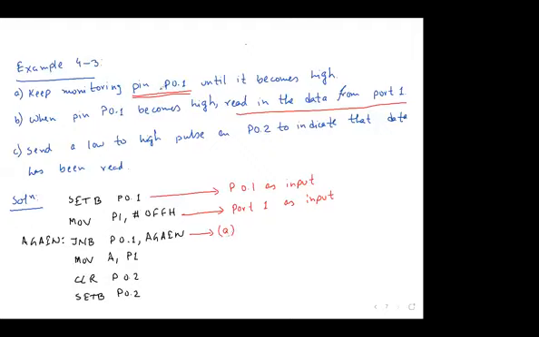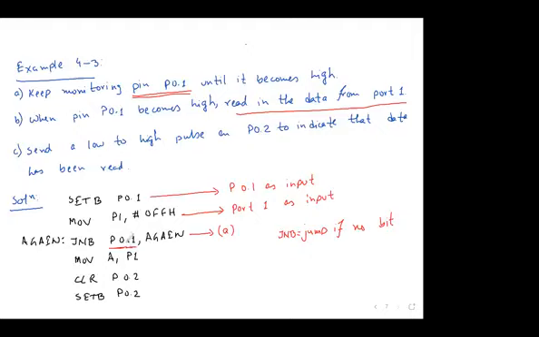That is, keep monitoring pin 0.1 until it becomes high. So what is the meaning of JNB? JNB means jump if no bit, and then you give the bit address. So this instruction will constantly check the value of the bit over here, that is P0.1.